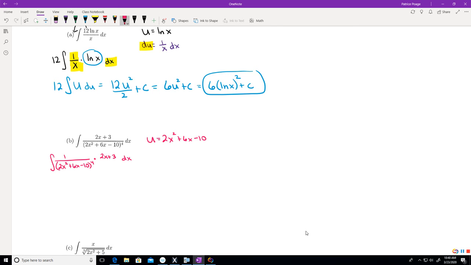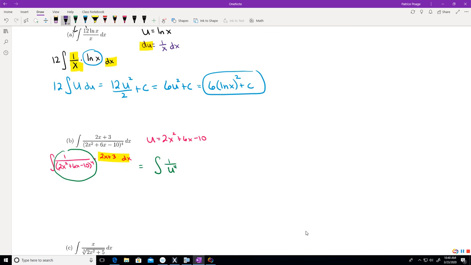So I just shifted and separated my numerator and my denominator. Then I could see that I can replace this part right there. That's going to be the integral of 1 over u to the 4th. I still need to replace 2x plus 3 dx.